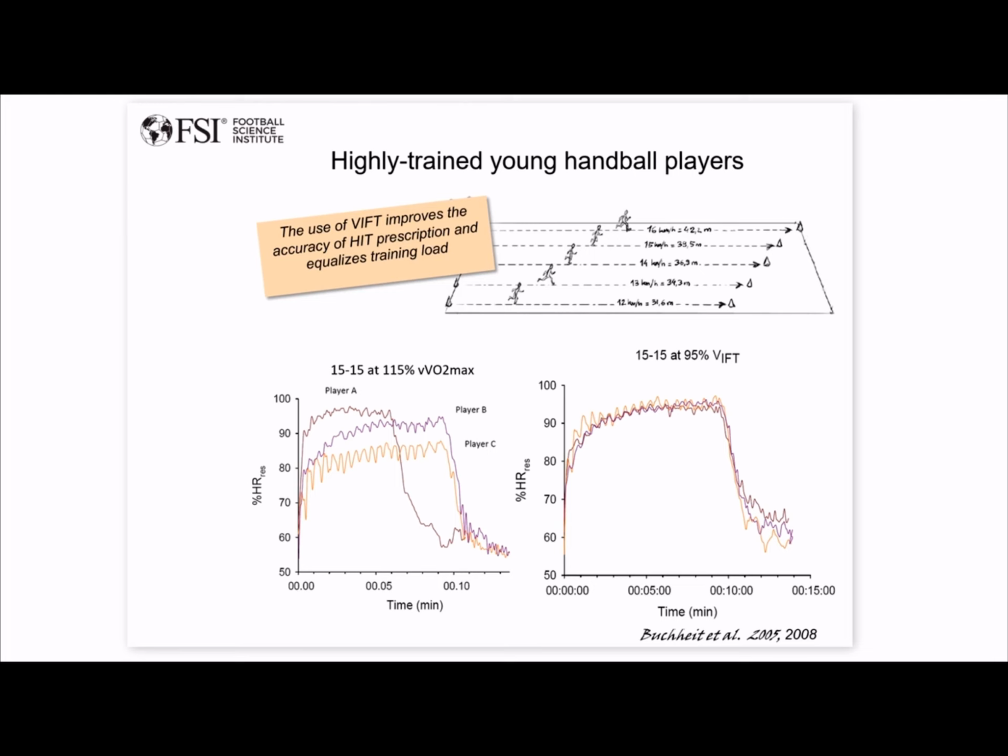But then again, when you look at the response of player C, the guy with the anaerobic profile, you could see that in terms of his aerobic demand assessed through heart rate, the session was way too easy in that case.